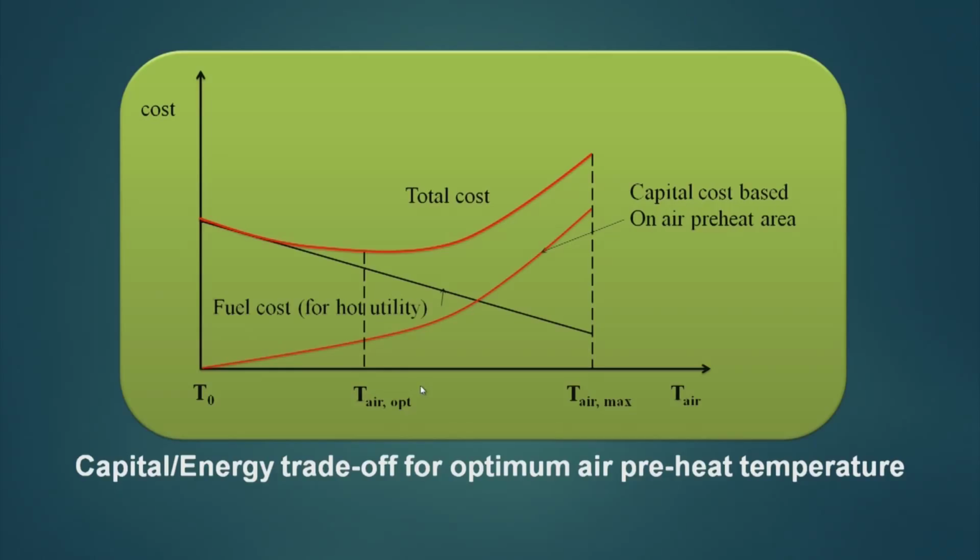We have calculated T air optimum and T stack optimum both, and this is the requirement. When we started our lecture, we said that when we are integrating the furnace with the GCC, these are the two pertinent parameters we have to calculate, T stack optimum and T air optimum, and these two parameters were computed based on the capital cost energy trade off.